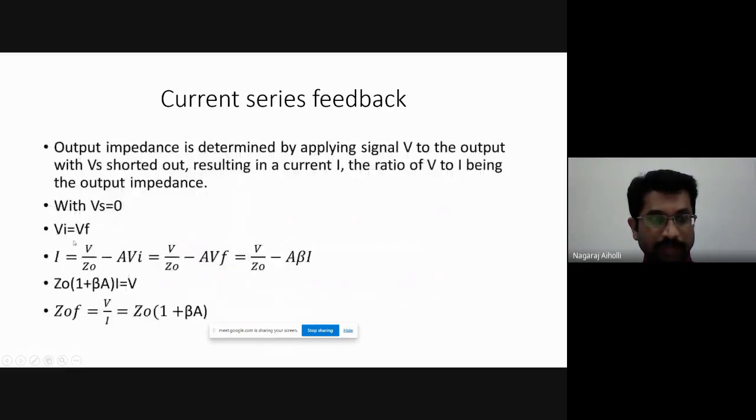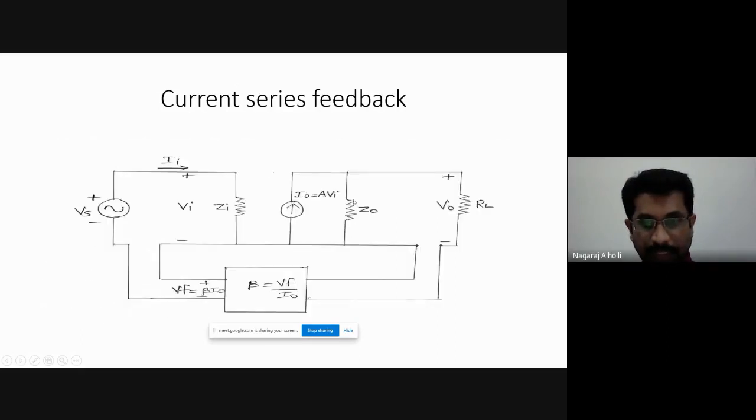Therefore, we write the equation Vi equal to Vf, and I is the current flowing across the output terminals. The current I naught from the current source is getting split into the current flowing through Z naught and the current flowing into the output terminals, correct?